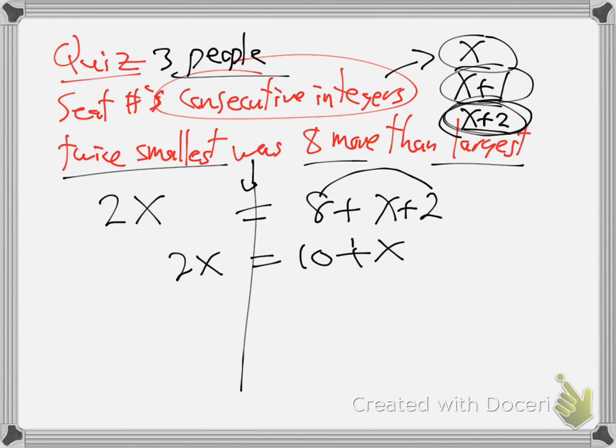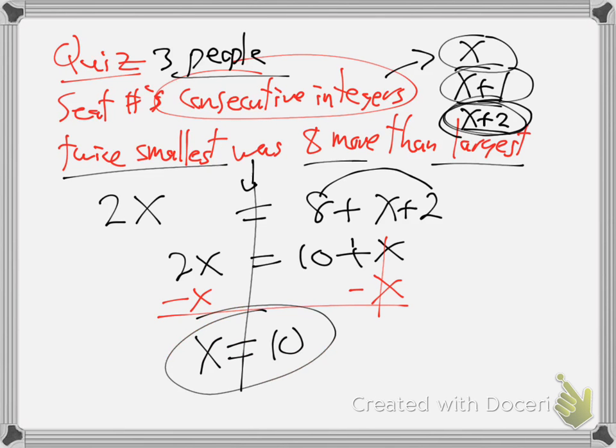Now when you've got x on opposite sides, you get rid of the lower one. So get rid of the x, and what do we have? X equals 10. Just like that.